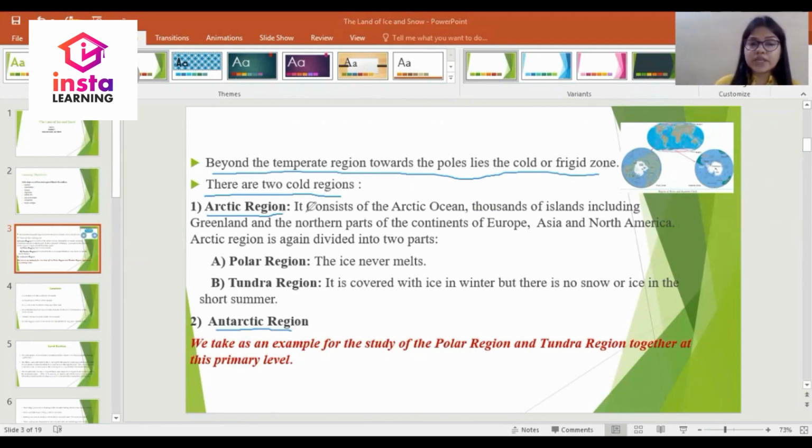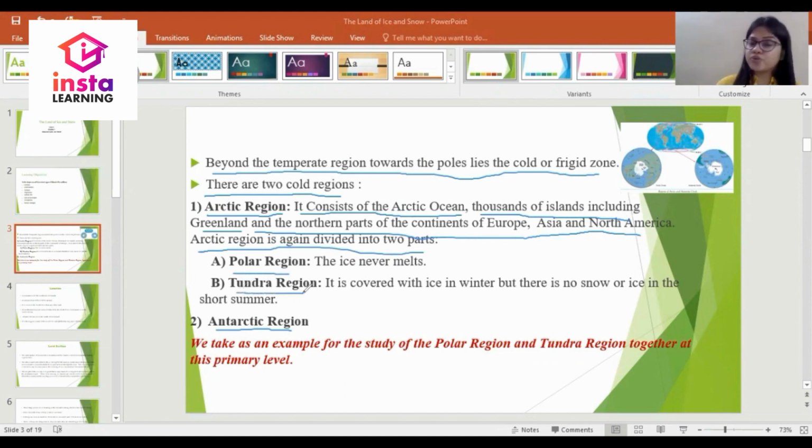It consists of the Arctic Ocean, thousands of islands including Greenland, and the northern parts of the continents of Europe, Asia and North America. The Arctic region is again divided into two parts. Number one, polar region.